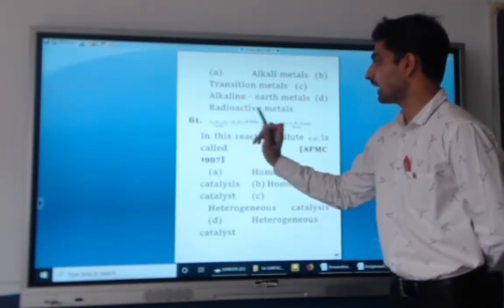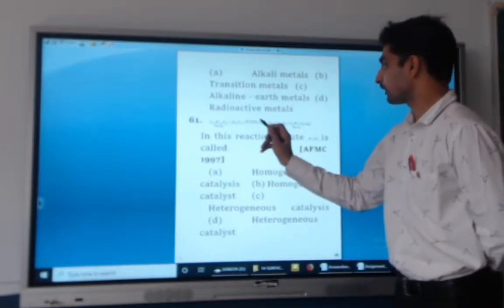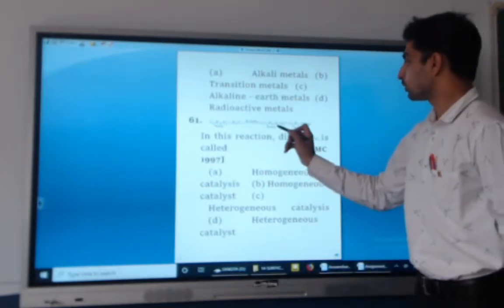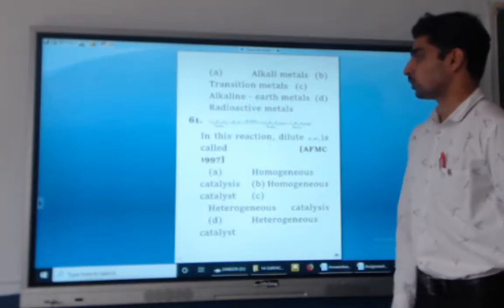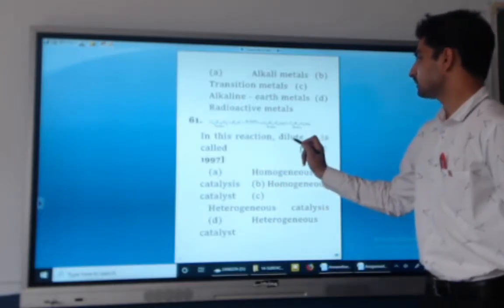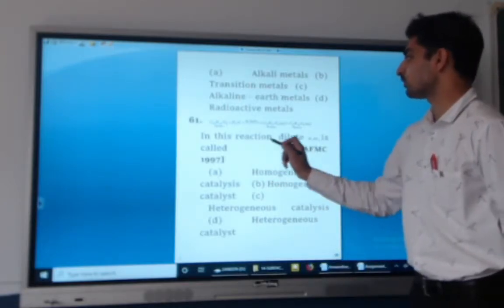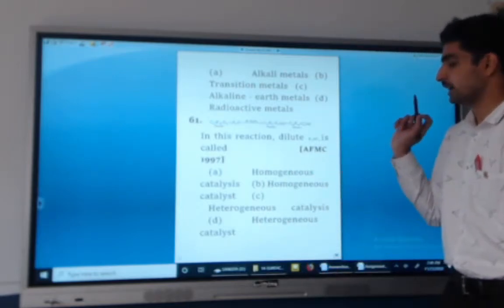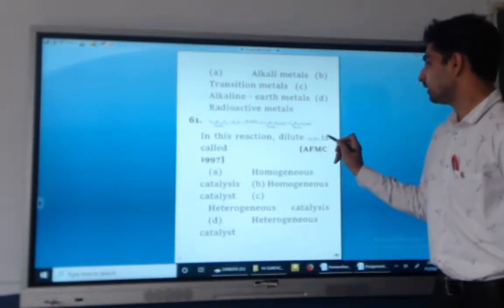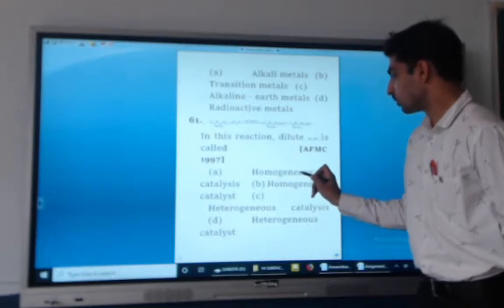Sucrose, when made to react with water in the presence of dilute H2SO4, produces fructose and glucose. This was asked in the AFMC exam. Dilute H2SO4 is called what? Option A, homogeneous catalysis.